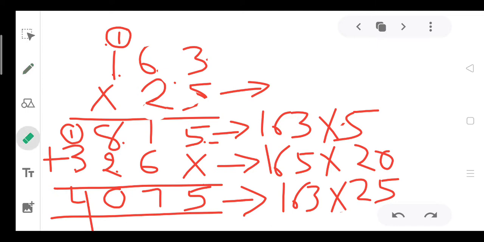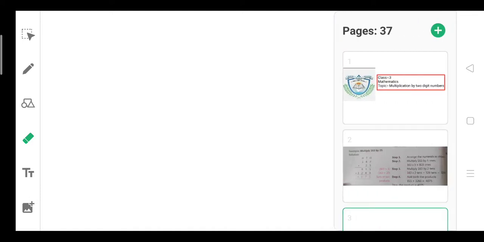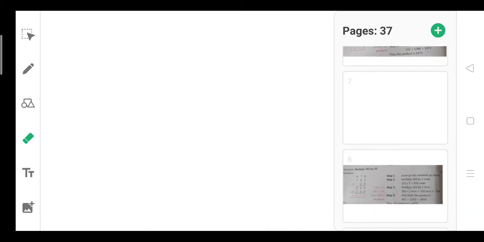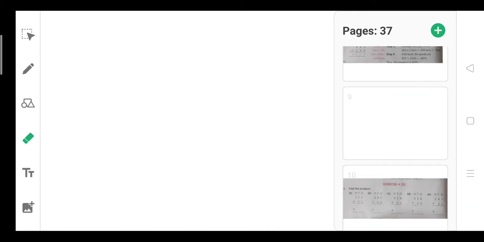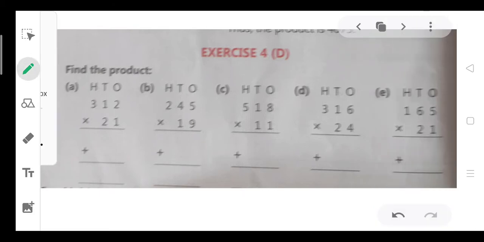One more example. Suppose we have to multiply. I will take the question of your book. Here is exercise 4D in front of you, and the question A part is 312, you have to multiply by 21.